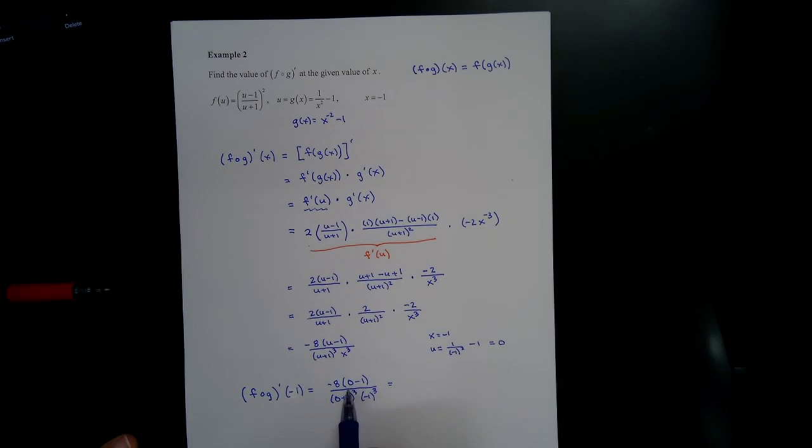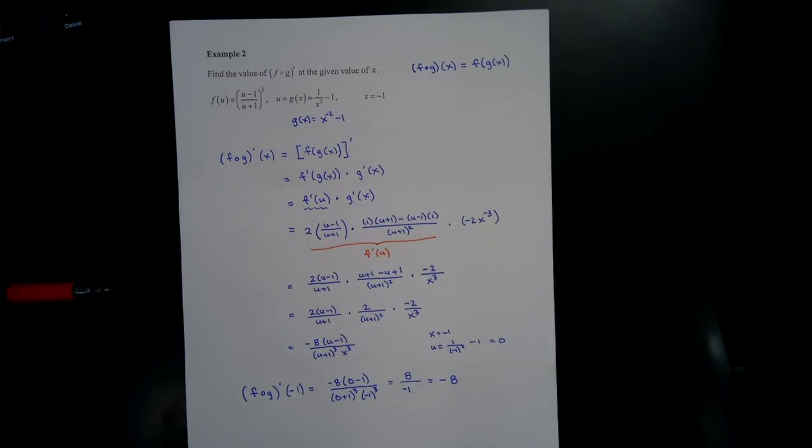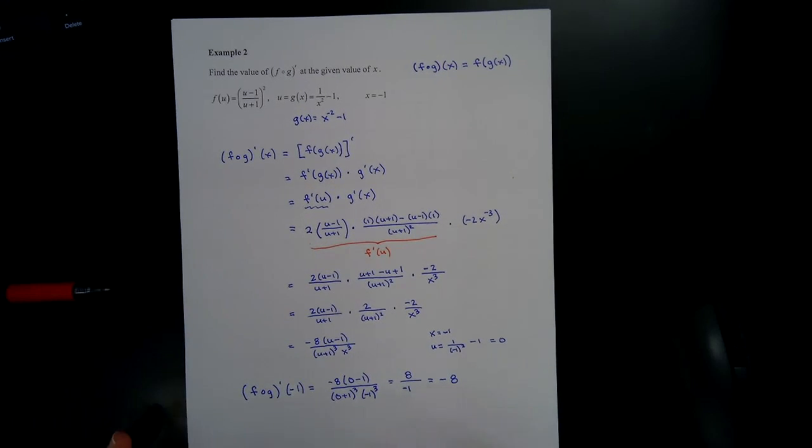All right, so this is -1 times -8, and that would give you +8. And this would be 1 cubed, which is 1, times -1 cubed, which is -1. So this is 8 divided by -1, which would give us a value of -8. So we found the value of f of g prime at x equals -1, and it turns out to be -8.